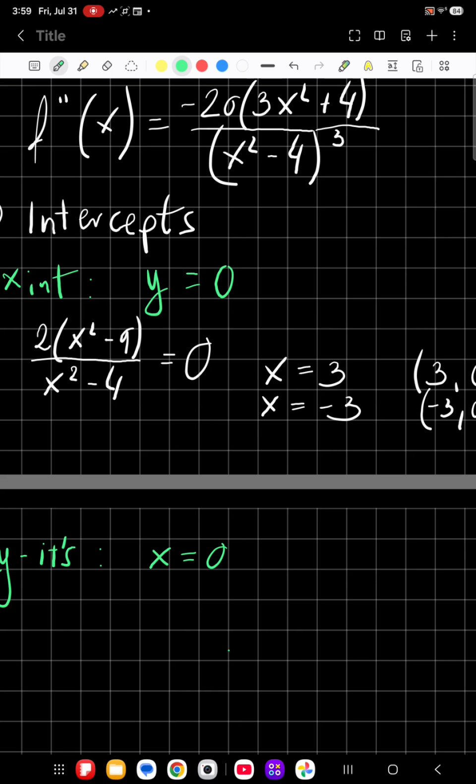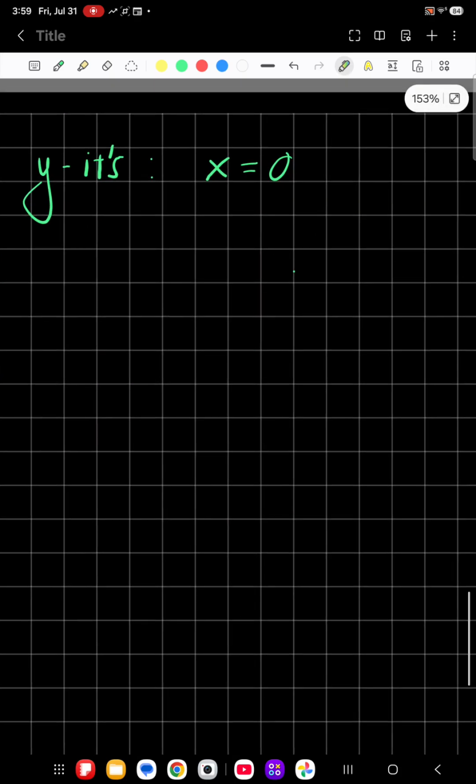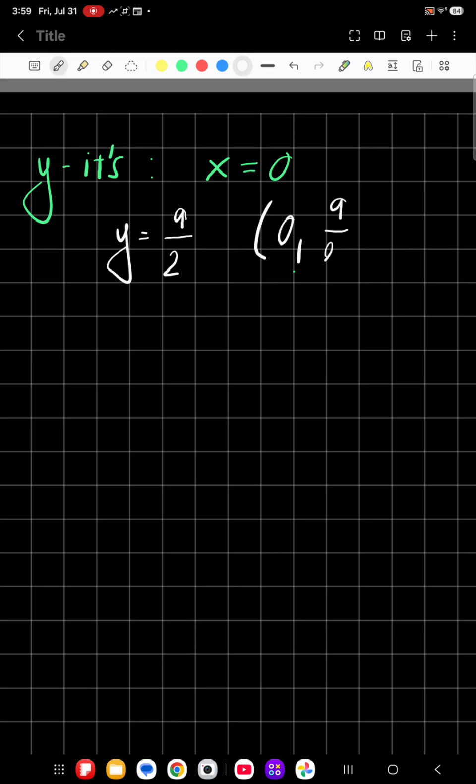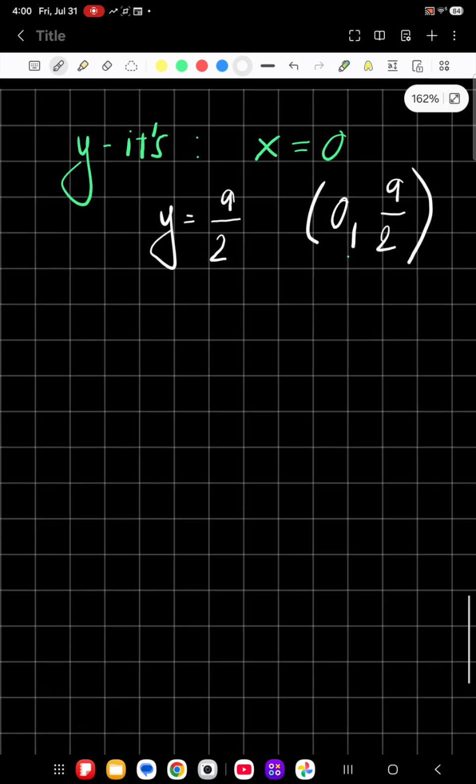If we make x equal to 0, we get 18 over 4, which is 9 over 2. So y equals 9 over 2, or we can write it as a point, 0, 9 over 2. Okay, so these are the intercepts. The second step will be symmetry. We're using all kinds of skills.